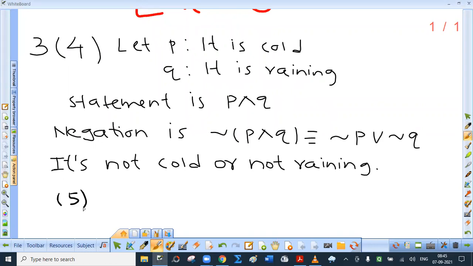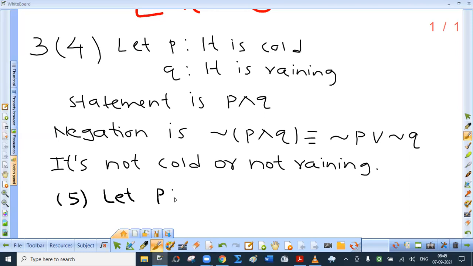Now what is the fifth one? If it is raining, then we will go and play football. So let P be the statement, in fact, we have 3 statements rather.